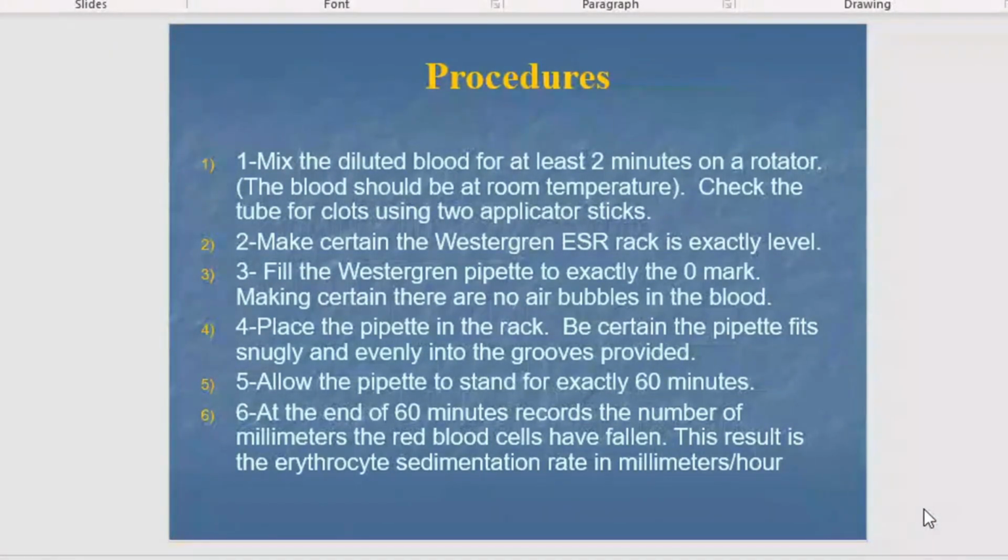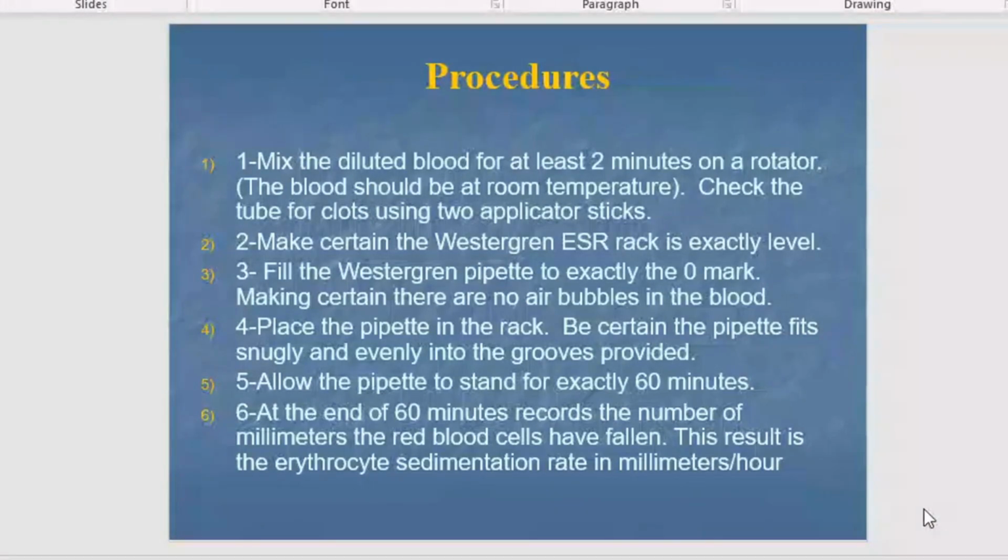Make certain the Westergren ESR rack is exactly level, and then fill the Westergren pipette to exactly the 0 mark, making certain there are no air bubbles in the blood. So you should see that there are no air bubbles in the blood.